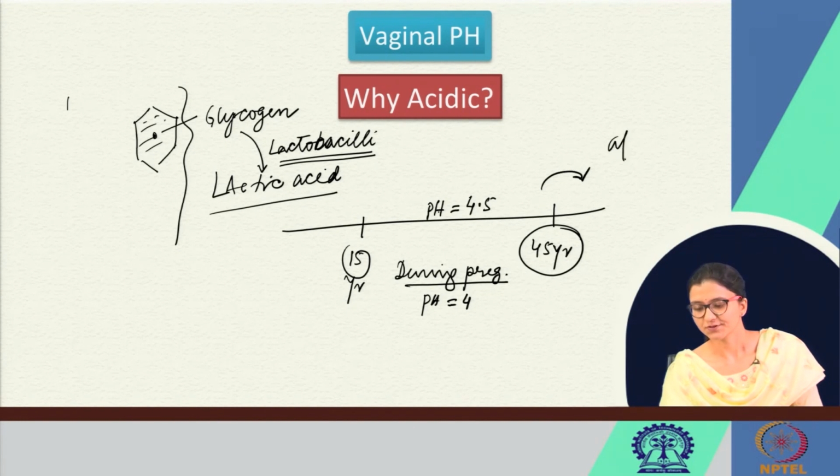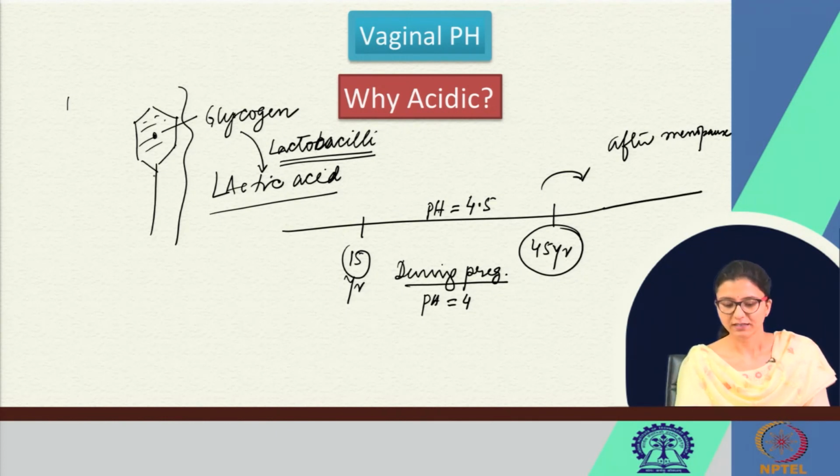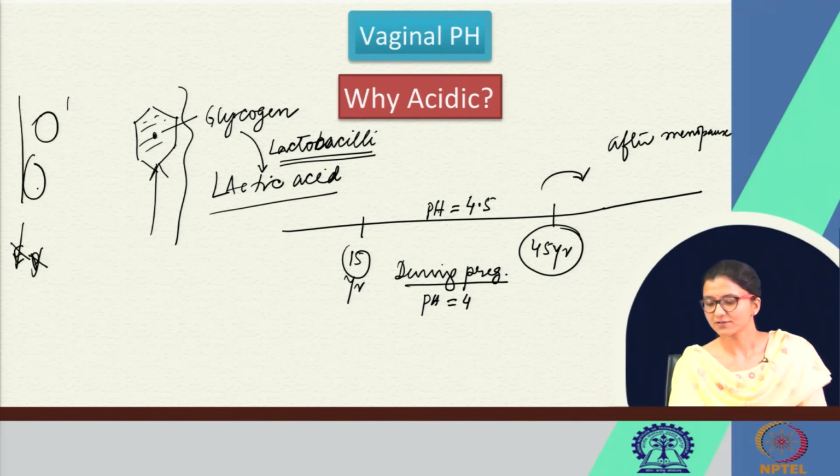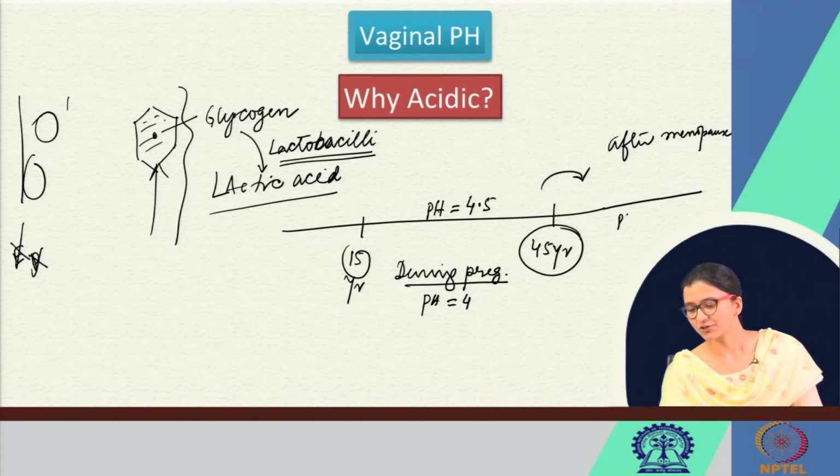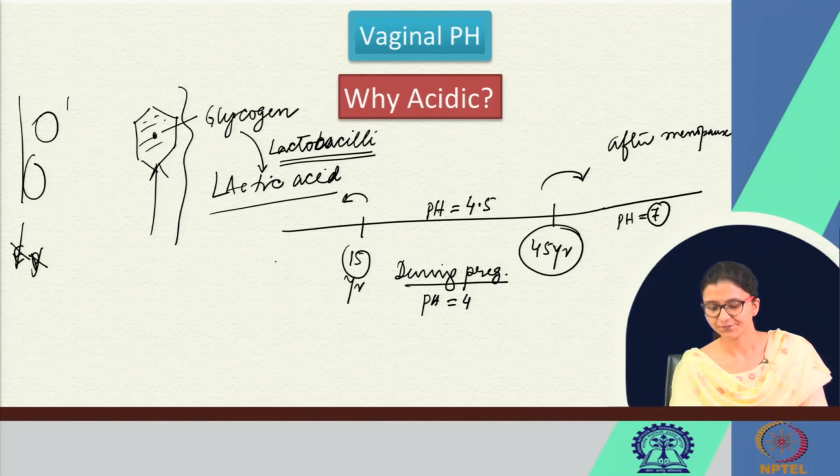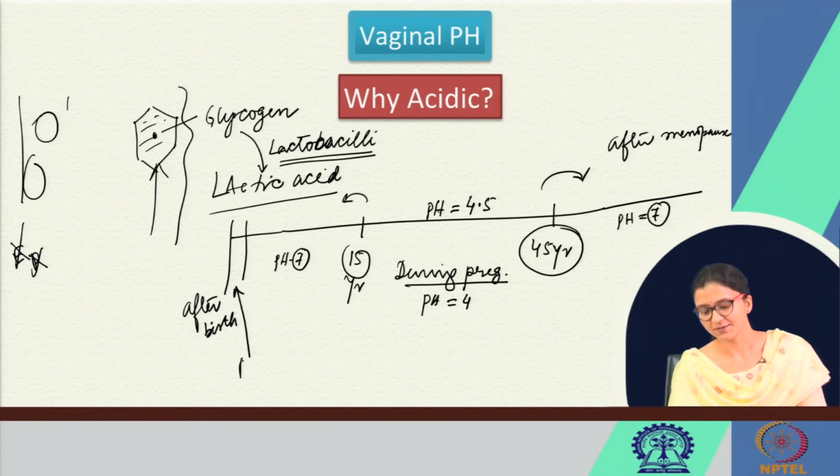After menopause, there is no estrogen or progesterone, so more basal cells, no superficial cells, so no lactic acid, so pH will be alkaline. Before puberty, pH is alkaline, but just after birth, 10 to 14 days after birth, the pH somewhat becomes acidic.